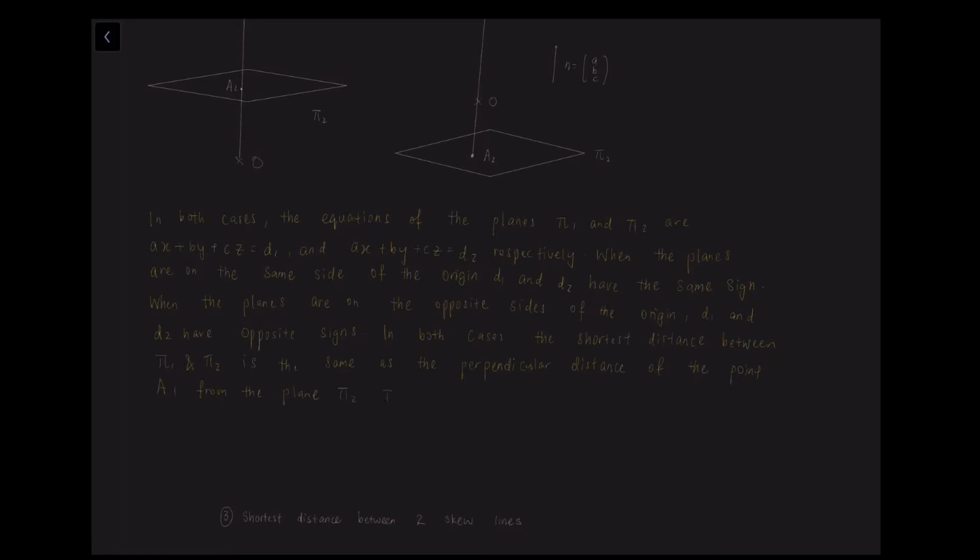Since A1 lies on the plane pi1, it follows that A1 dot n equals d1, and consequently, the shortest distance between the planes pi1 and pi2 is given by the modulus of d1 minus d2, over the modulus of n. Or equivalently, the modulus of d1 minus d2 over the square root of a squared plus b squared plus c squared, where n equals (a, b, c).